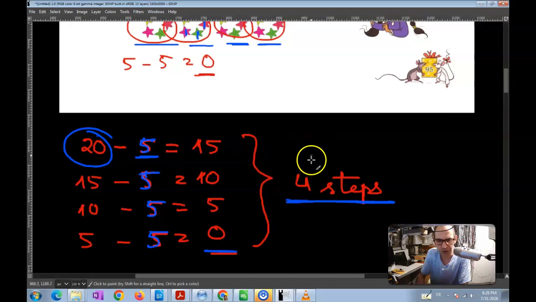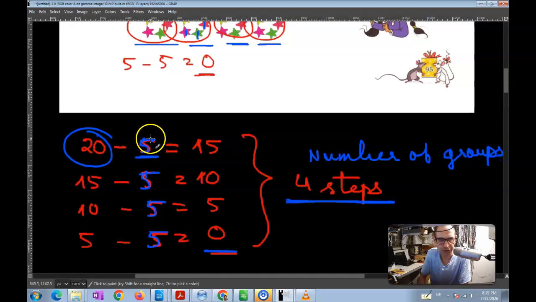So this is now the number of groups, and this 5 over here is the number of objects in each group.